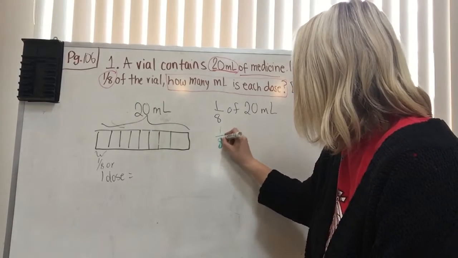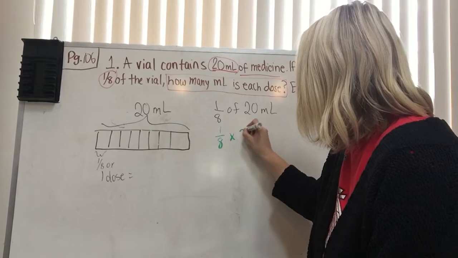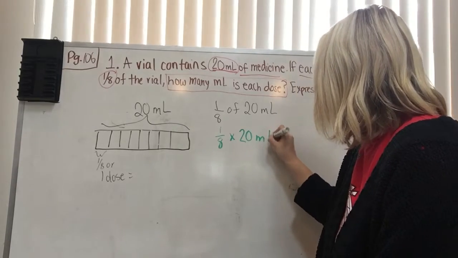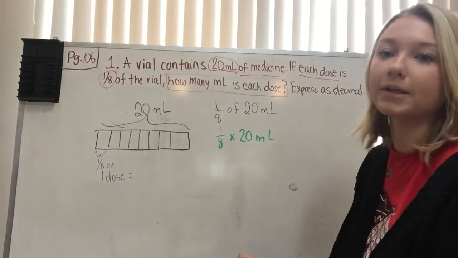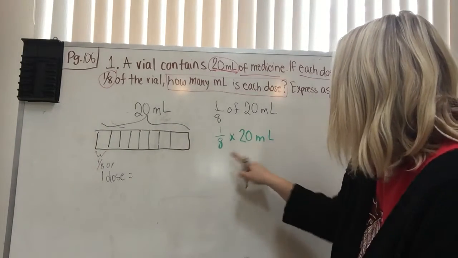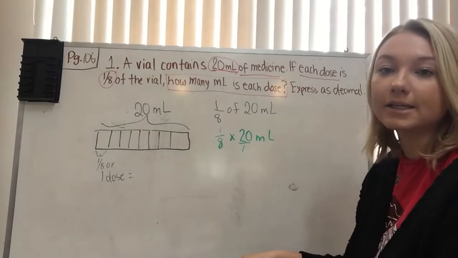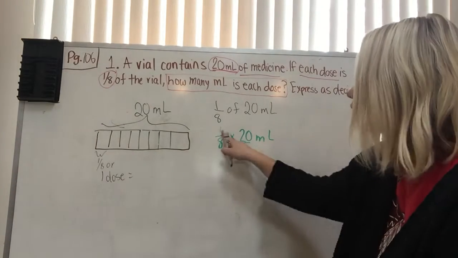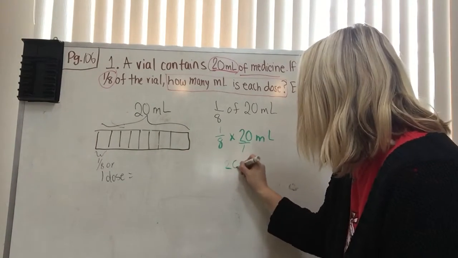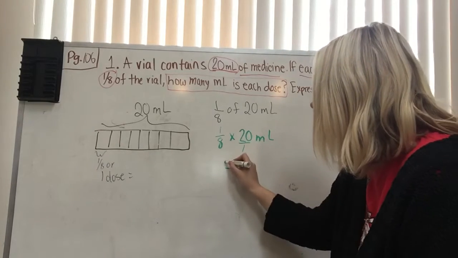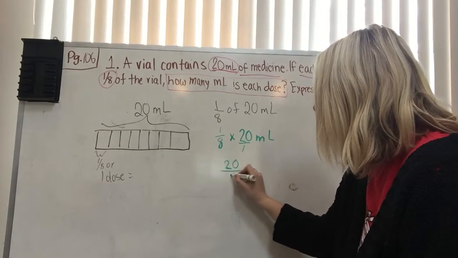So 1/8 times 20 milliliters. I want to say millimeters so bad, but milliliters. So 1/8 times 20 milliliters, I'm going to put it over 1 just so it's easier for us. 1 times 20 is 20, and 8 times 1 is 8.